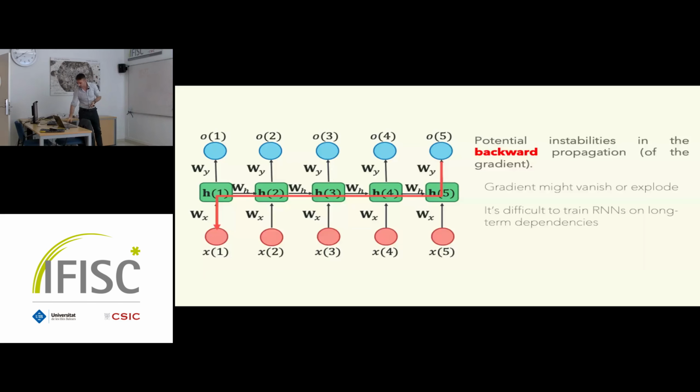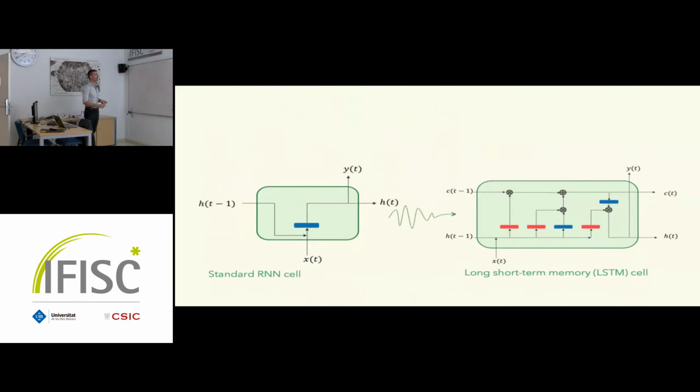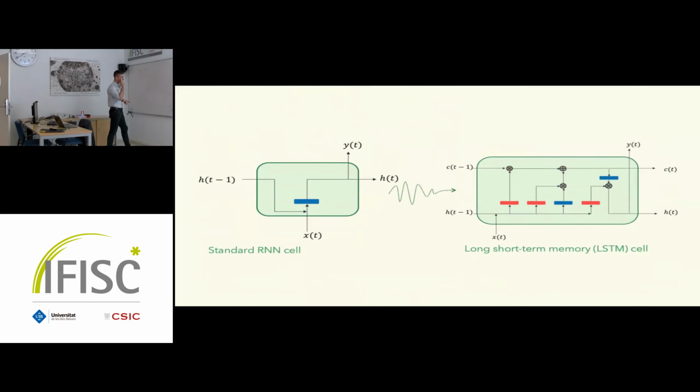And historically, this problem of vanishing gradients in particular led the community to move from simple vanilla recurrent neural network architectures, like the one that I have discussed so far here on the left, to more complicated systems like long short-term memory networks or gated recurrent units.